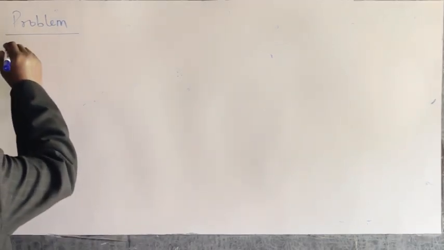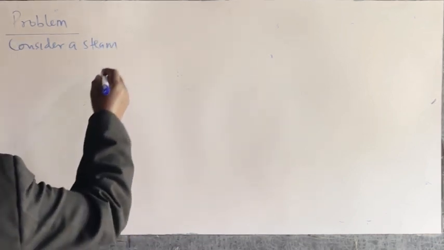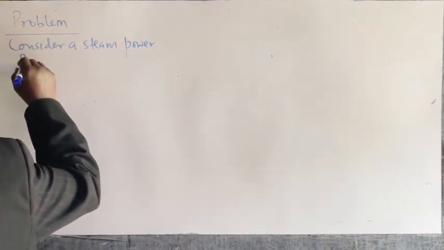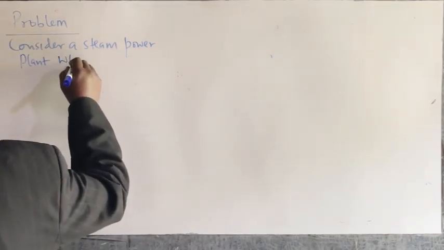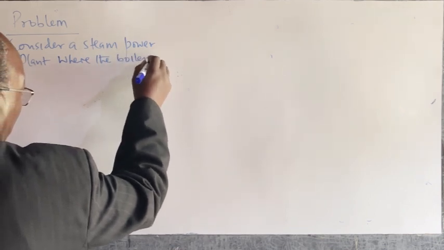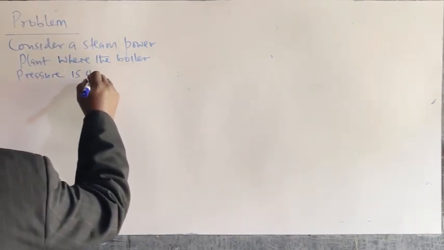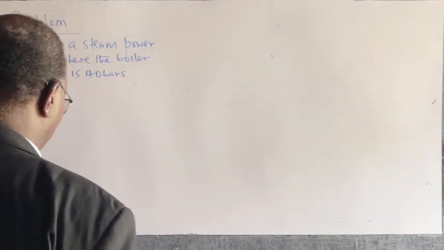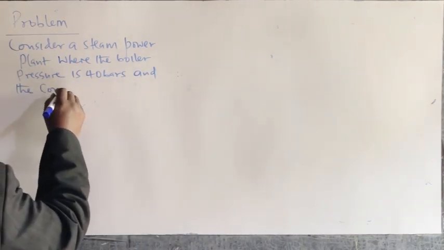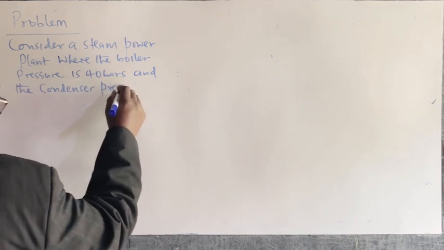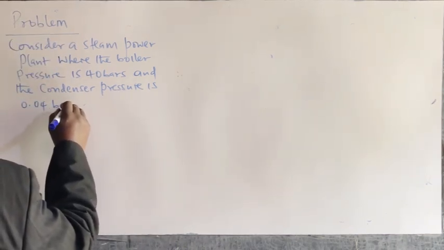And our problem says: consider a steam power plant where the boiler pressure is 40 bars and the condenser pressure is 0.04 bars.